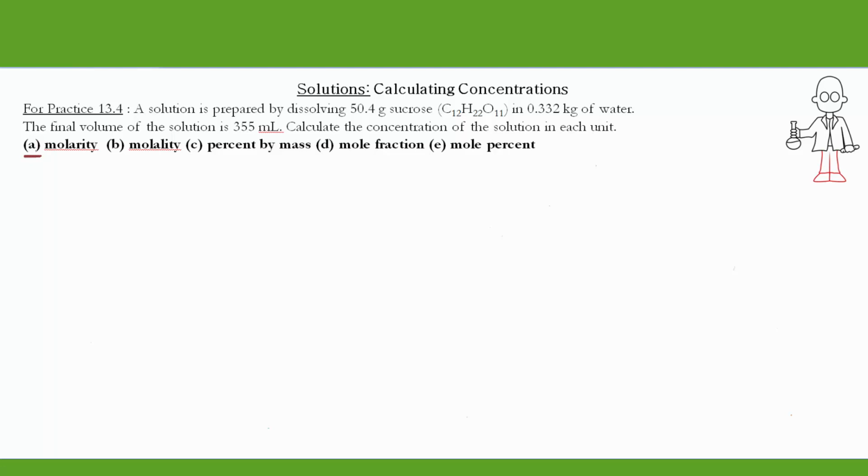So a solution is prepared by dissolving 50.4 grams of sucrose in 0.332 kilograms of water. The final volume of the solution is 355 milliliters. So this 50.4 grams is your solute.